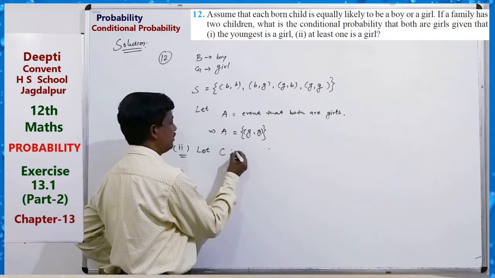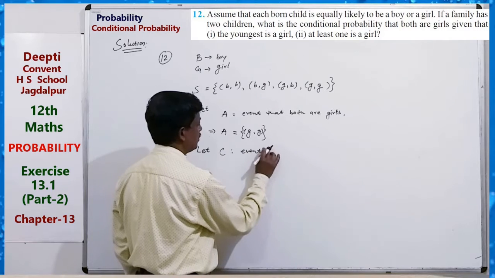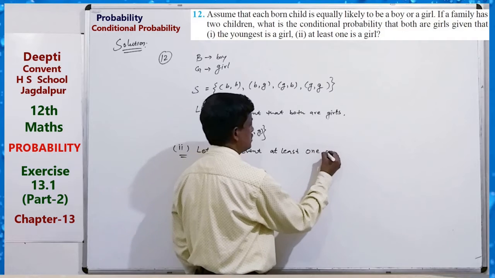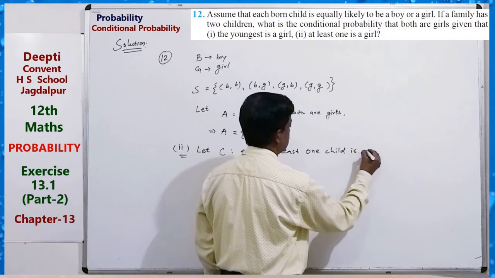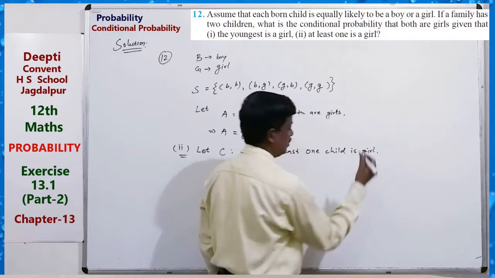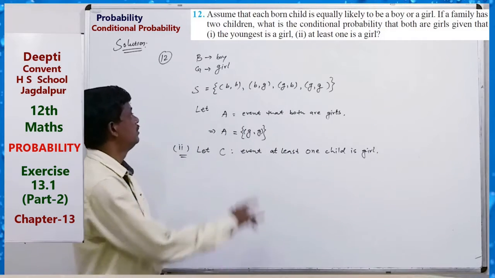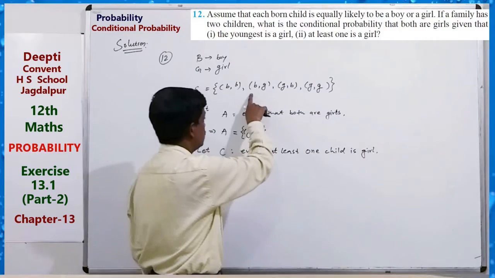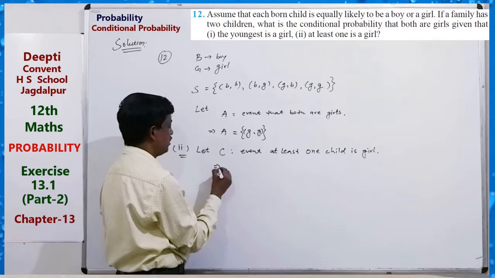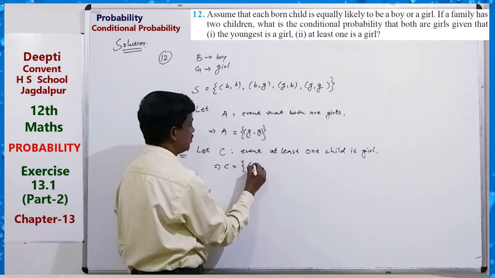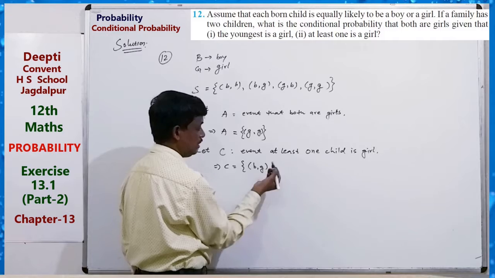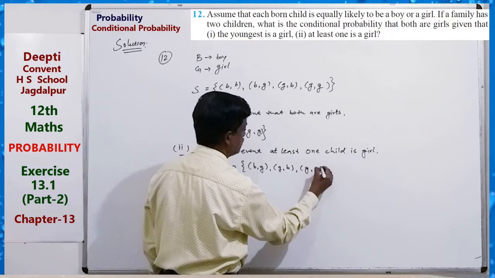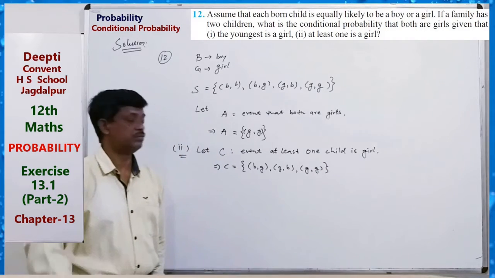So for the second part, just write: let C be the event that at least one child is a girl. At least one, maybe two. So this implies C equals BG, GB and GG. 3 elements will be there.